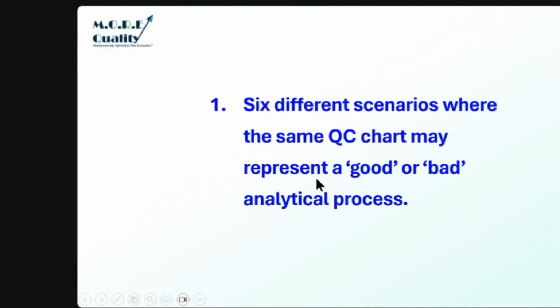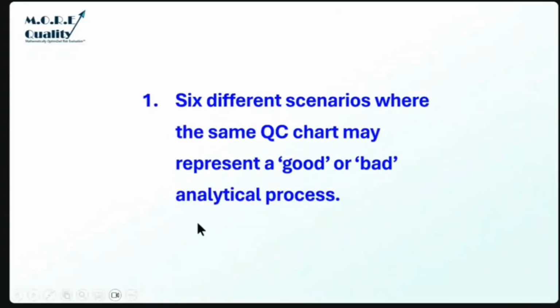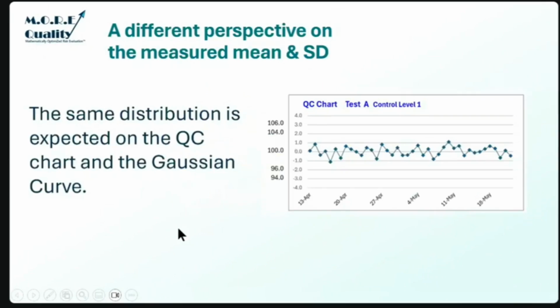So let's look at 6 different scenarios where the same QC chart might represent a good or a bad analytical process. I put this QC chart up on LinkedIn with the question, is this a good method? And some people said yes, and some people said no. And the true answer is it could be either one.